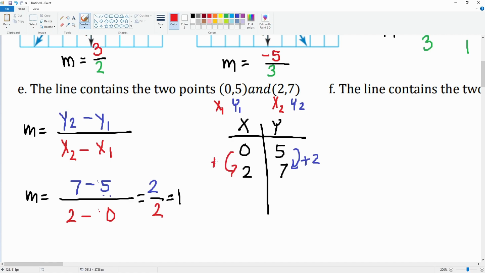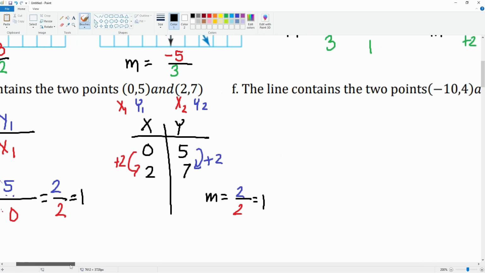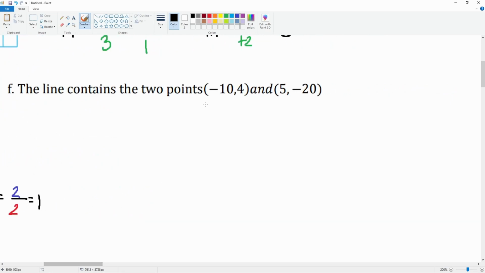Well, this is plus 2. So m is equal to what? There you go. 2 divided by 2. And what is that equal to? 1. Right? You see, you could always use the chart or you can use the equation. Up to you. Right? Okay, let's do this one.